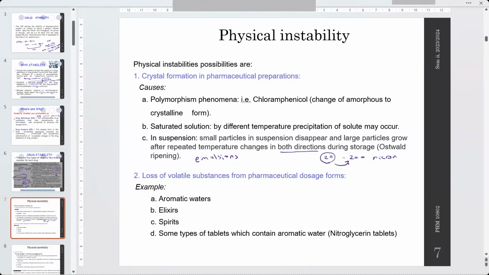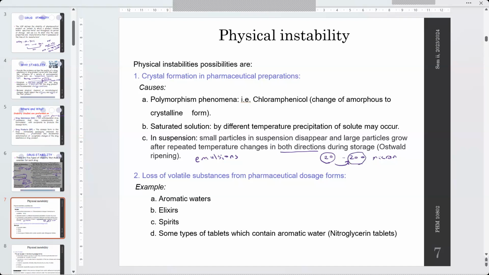In emulsion, it also happens due to solubility of the emulsified phase or the oil phase, for example, in an oil-in-water emulsion, in the aqueous phase, then it will combine with the big particles. So these big particles will grow, their size will increase to more than 200.